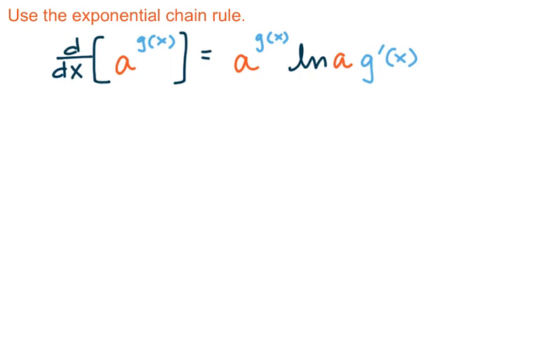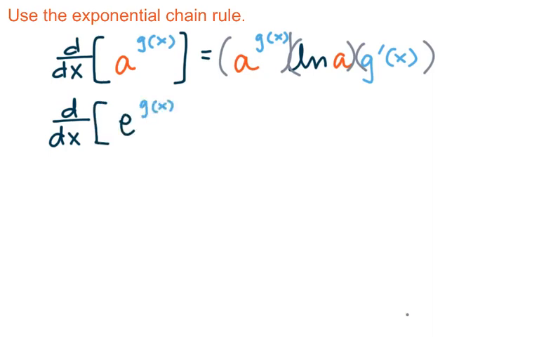That's the derivative of that expression that we had up there. So we have the original exponential times natural log of the base times the derivative of whatever expression is in the exponent. And we can shortcut this rule just a little bit, because if it was e to some function g of x, that's going to be e to the g of x.